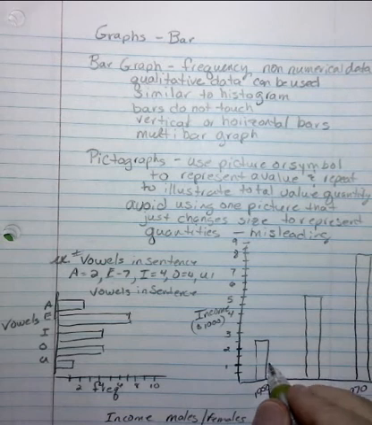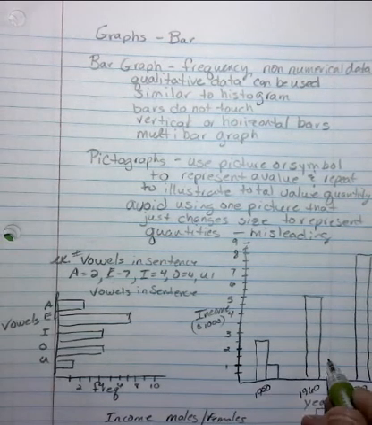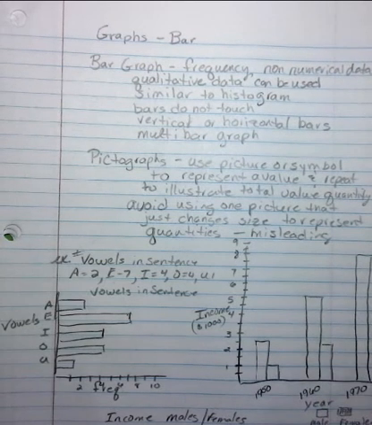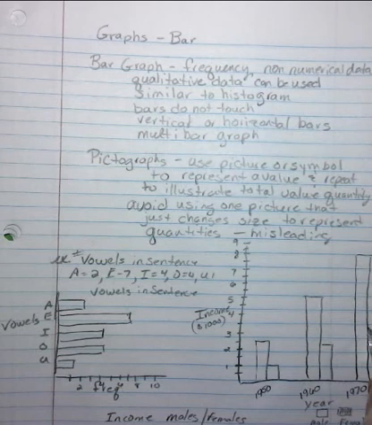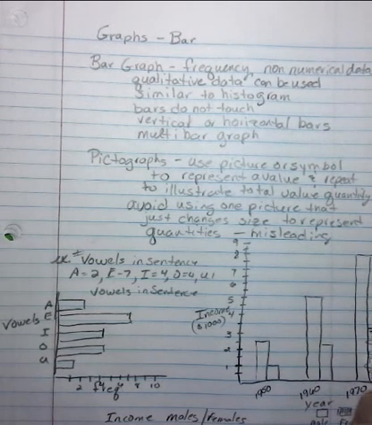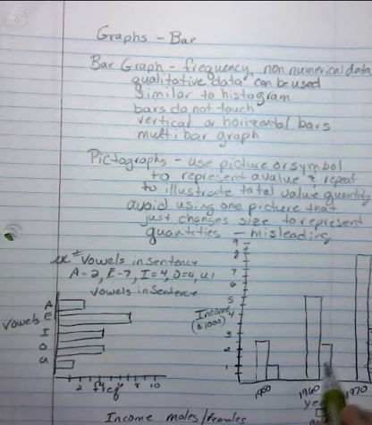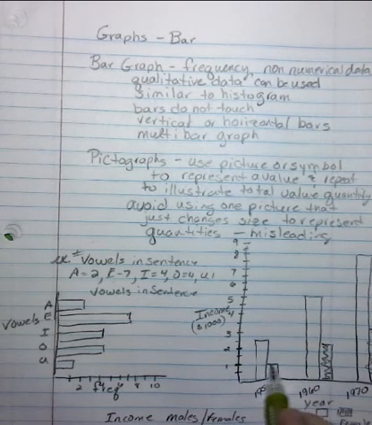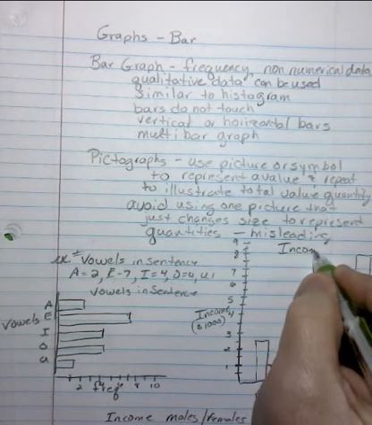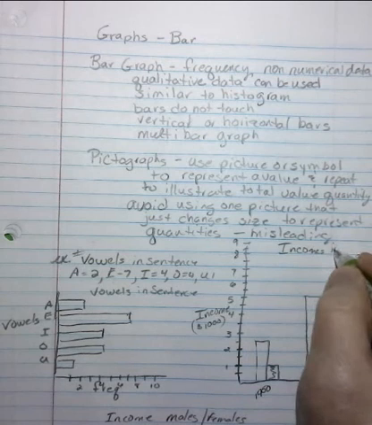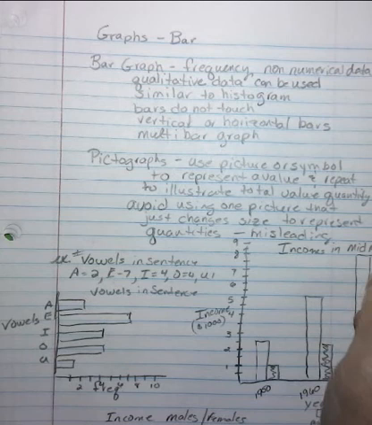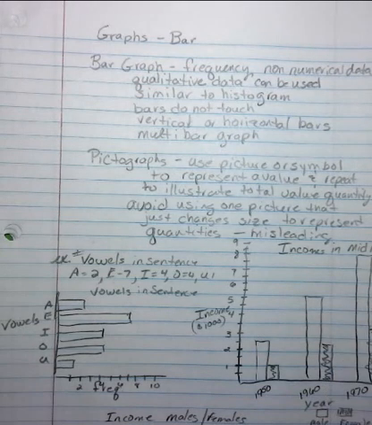So I had 1,000, 2,000, and 3,000. And then a title for my graph.